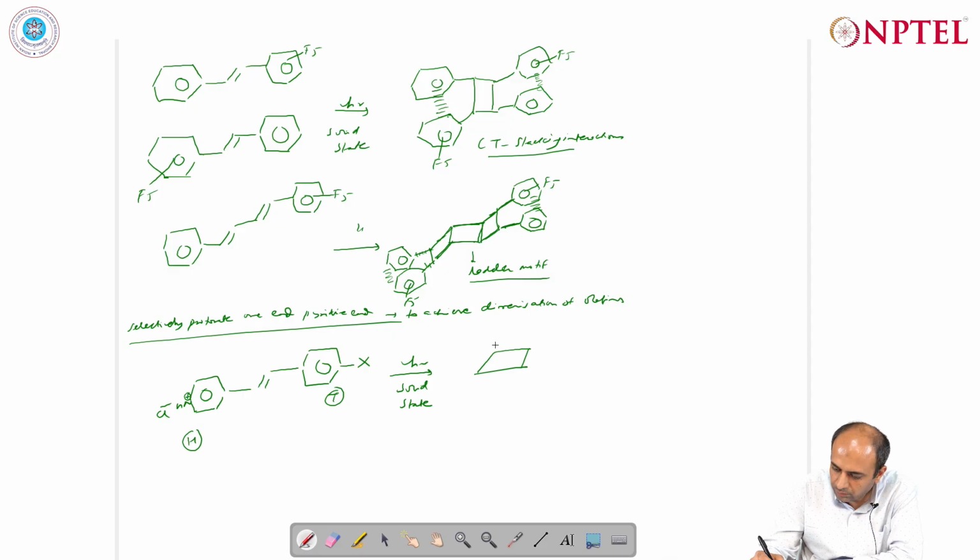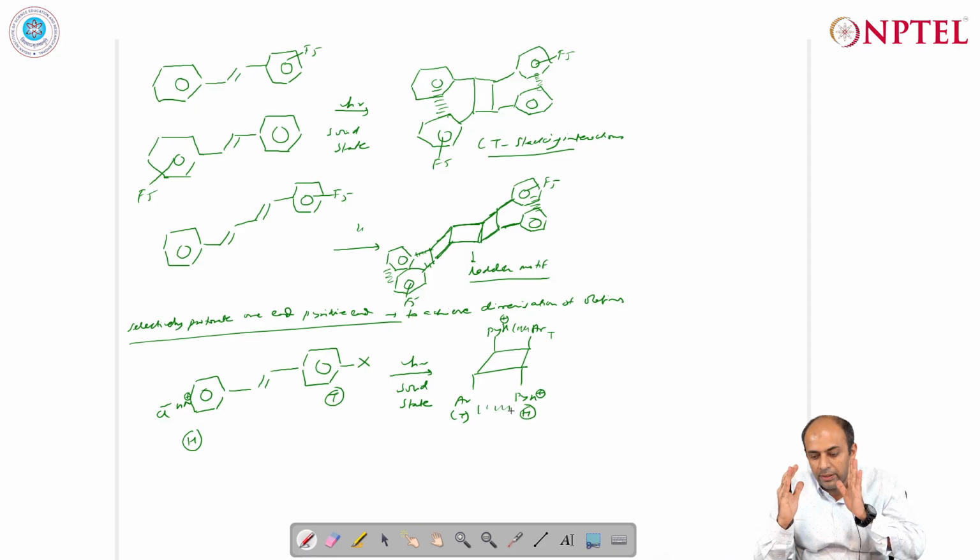So this is the head part, this is the tail part. It will lead to, so this will become my pyridinium H plus. This is the aryl tail part, and this is my protonated pyridinium, this is the head part. And now there are favorable interactions between this protonated pyridine and the aryl group.